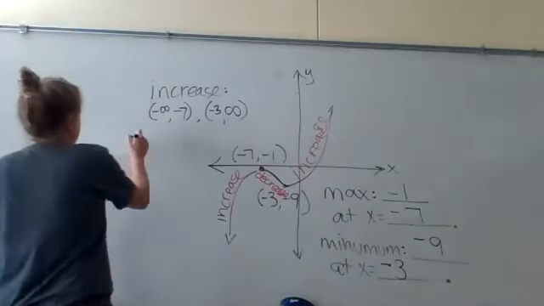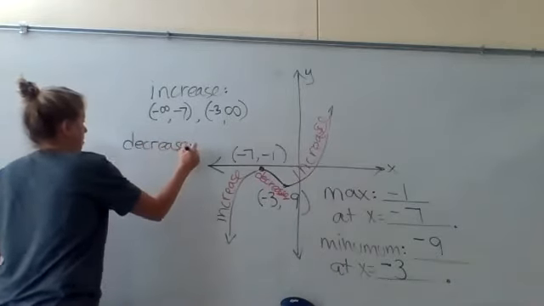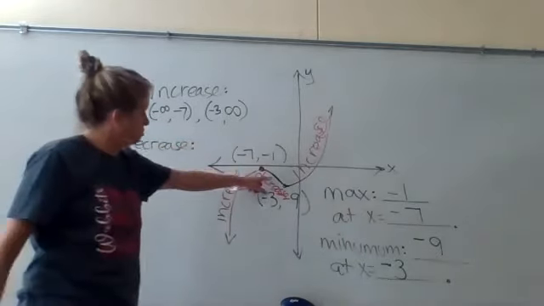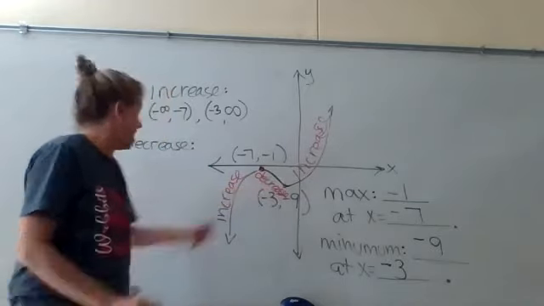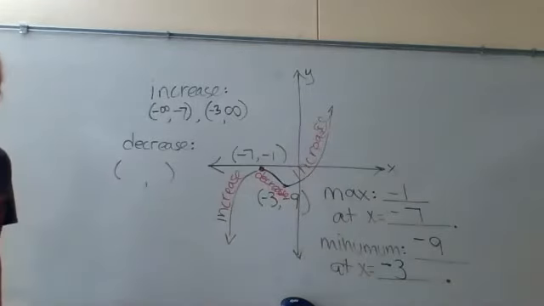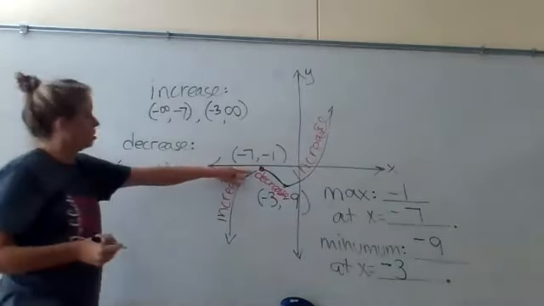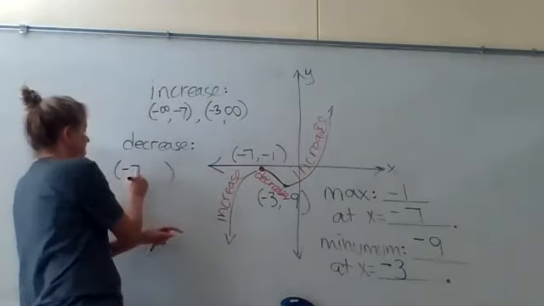And then it's going to ask you about decreasing. It's only decreasing in 1 spot, in 1 interval, right? In between those 2 points is where it's going down. So only 1 interval for the decrease. So where do I start decreasing? What is this point's x coordinate? -7.